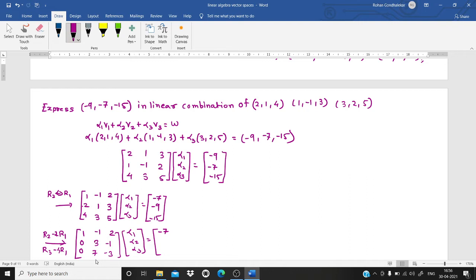So minus 9 plus 14 gives me 5. And further here it is minus 15. We are multiplying the minus 7 by 4, which is 28, and 28 minus 15 gives me 30.